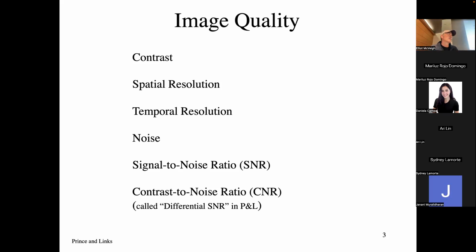Spatial resolution, one way of defining that is, if I have two small points in my scanner, how close together can they get before I can't resolve them anymore? Is it one thing or is it two things, right? Temporal resolution, do I need 10 milliseconds to make an image, or do I need 5 seconds, right? And so what happens across that 5 seconds? Do things move?